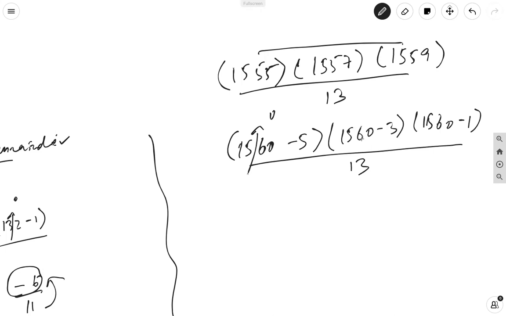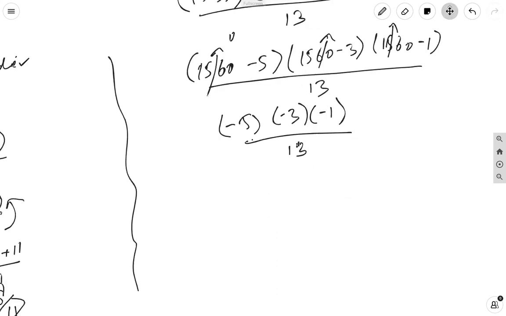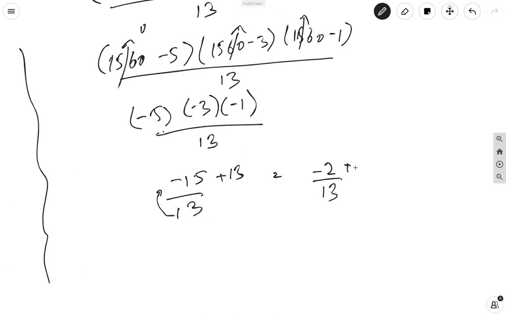These are multiples of 13, so the result came out to be minus 5 into minus 3 into minus 1 divided by 13. Now this is minus 15 by 13. This is the question someone asked me earlier, that the negative value is bigger. Now just add 13 to this. This comes out to be minus 2 by 13. Just add 13 again to the above value. This will come out to be 11 by 13, and now the remainder is 11.